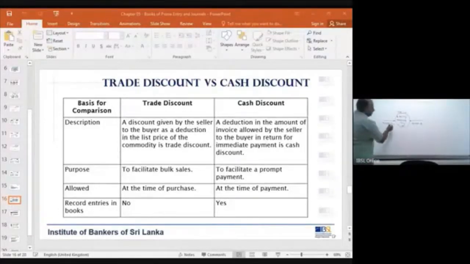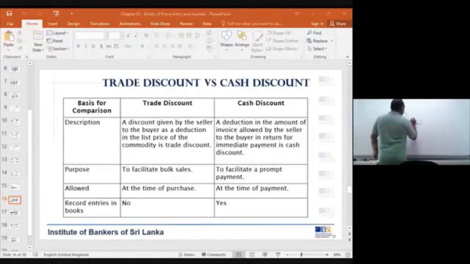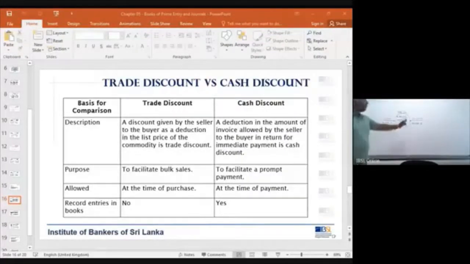Buyer A wants only one unit, and buyer B wants 50 units of the 40-inch televisions.